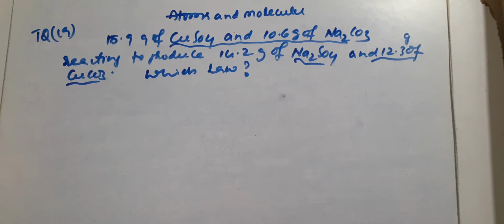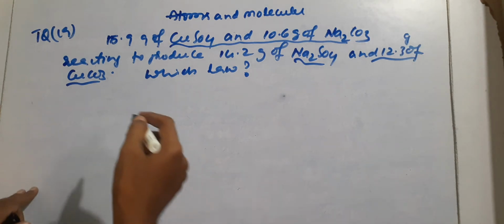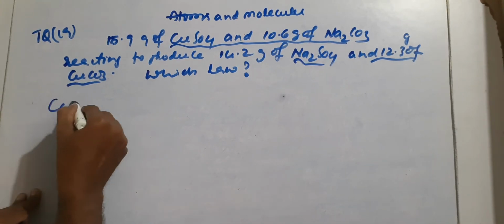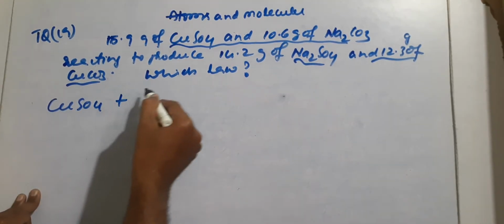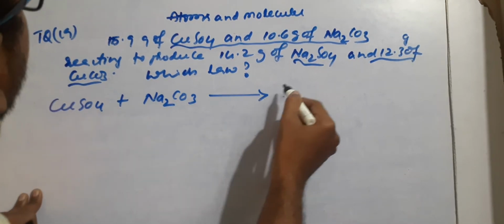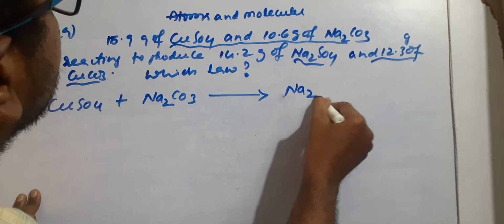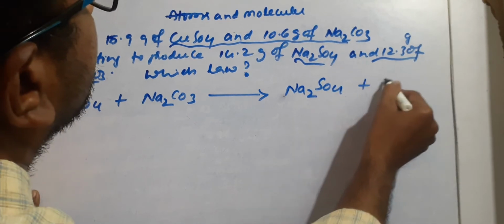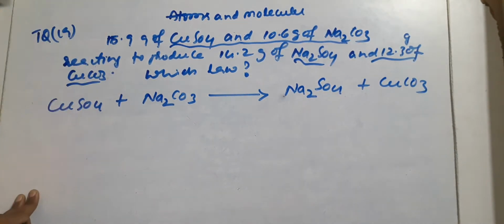Reactants are written on the left side of the arrow mark in the chemical equation, and products on the right side. So copper sulfate plus sodium carbonate gives rise to sodium sulfate and copper carbonate.